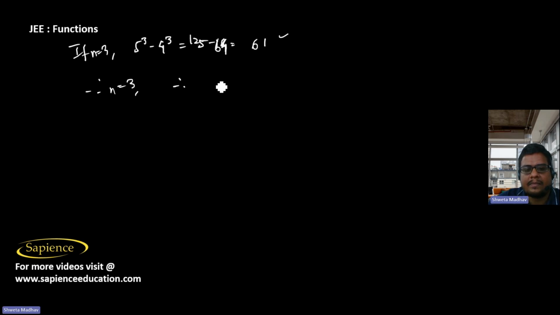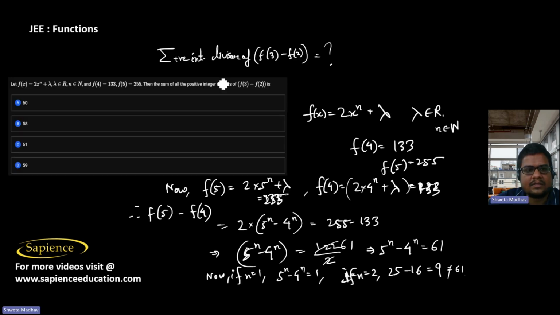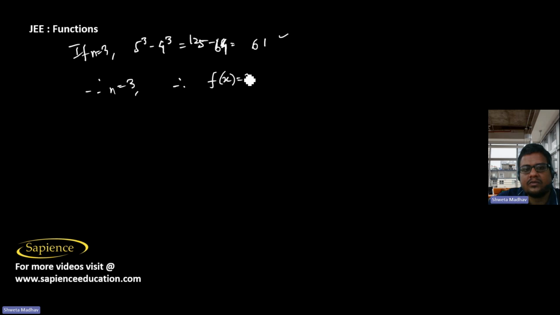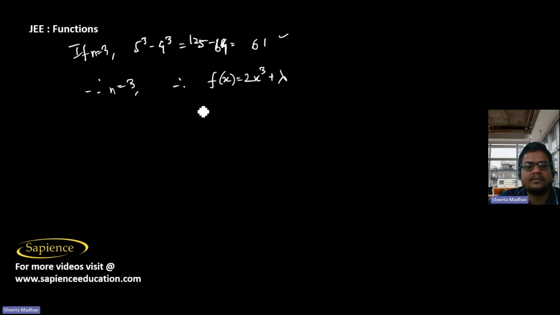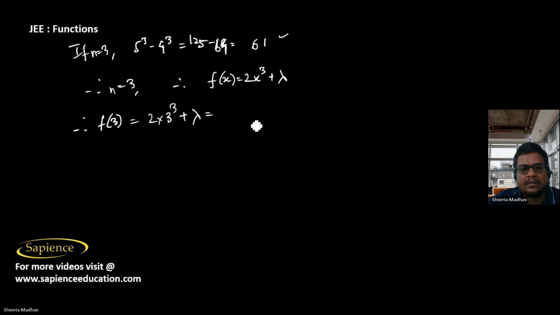So therefore f of x, I can say that is equal to 2 into x cube plus lambda. Now therefore f of 3 will be equal to 2 into 3 cube plus lambda, and f of 2 will be equal to 2 into 2 cube plus lambda.